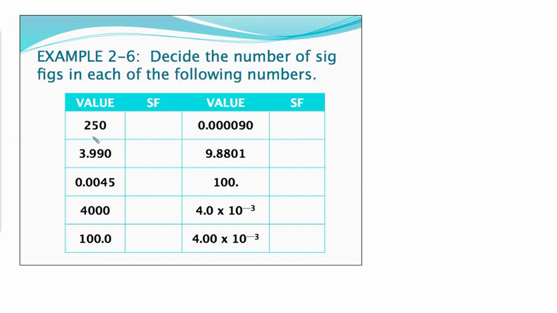Now, this first number, we're assuming these are not exact, that these are all measurements in this case. Now, 250 absent decimal, remember you start from the Atlantic side, start counting at your first non-zero, that would have 2. Present decimal, start counting from the Pacific, 1, 2, 3, that 0 counts as a measurement.